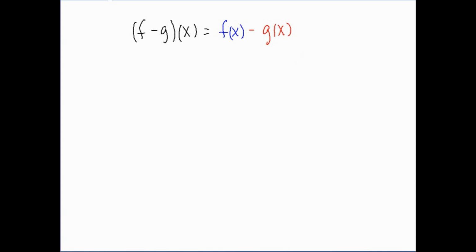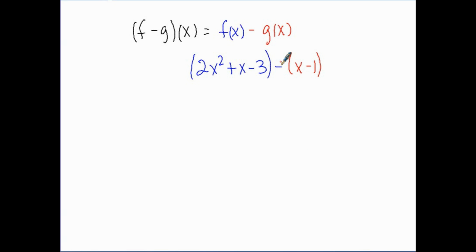Okay, so f of x we know is going to be 2x squared plus x minus 3. And then our g of x, well, going back, we got to put this in parentheses. Great habit to have. And then going back, we have to put in g of x, which is going to be x minus 1.